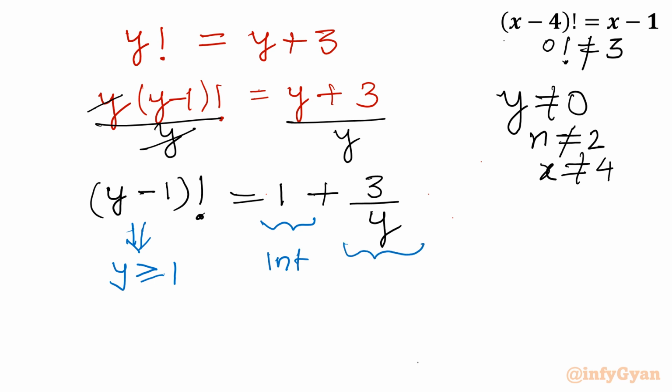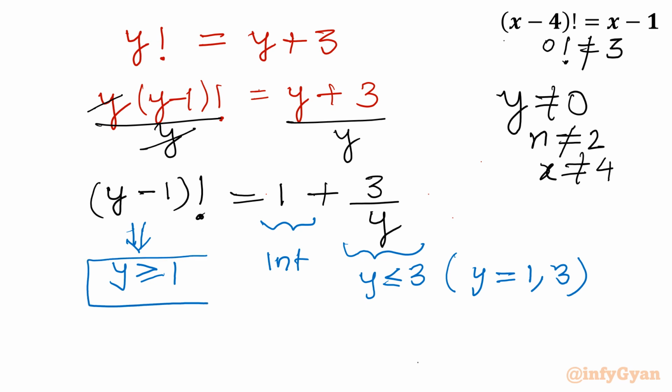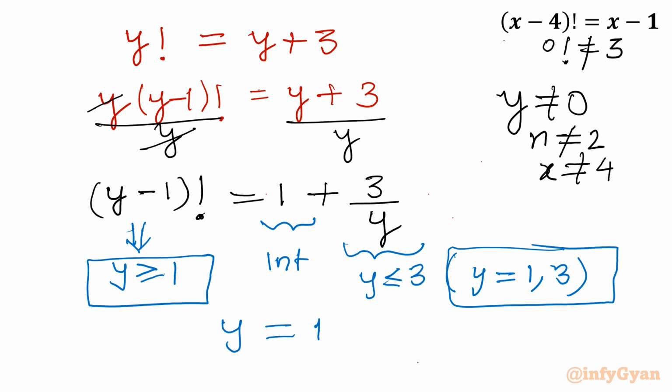So y should be less than or equal to 3, and out of this condition I can write y should be either 1 or 3. If I club both the conditions, then I can conclude there will be only two values, 1 and 3.